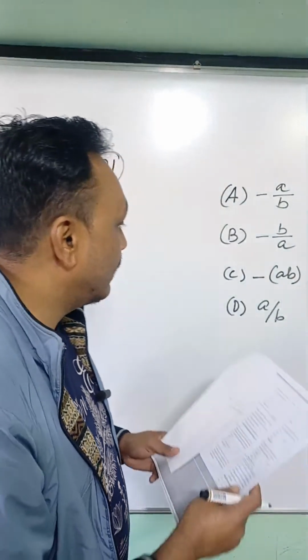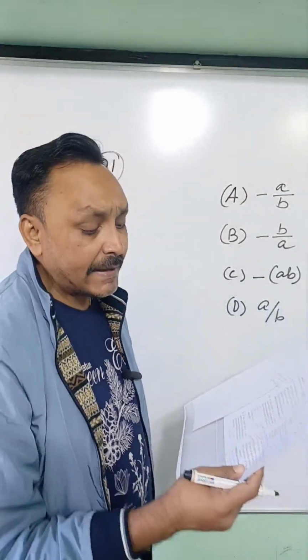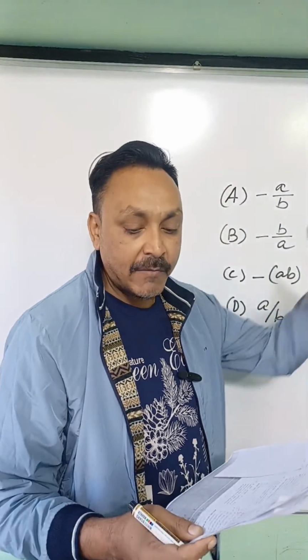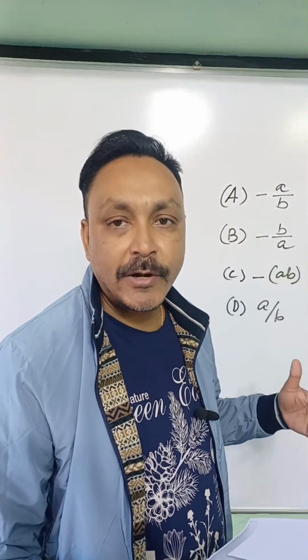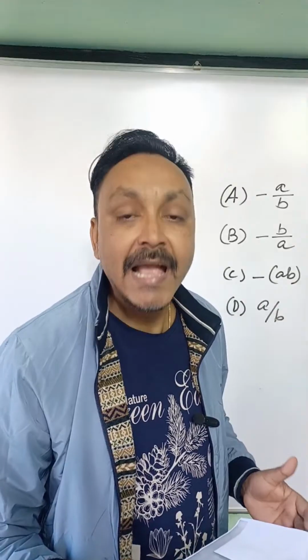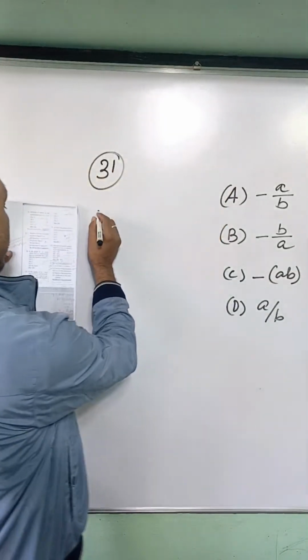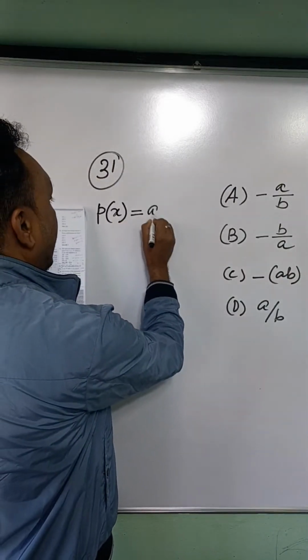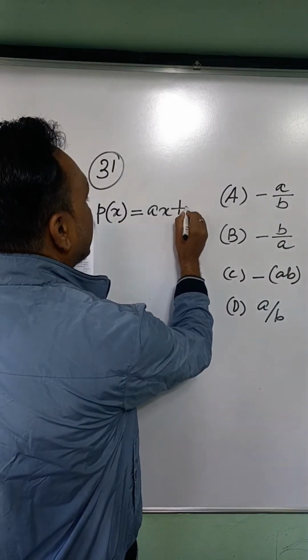So okay, no problem. I'm repeating the question. The zero of the linear polynomial. As you know, in my previous videos I have already explained what we mean by a linear polynomial: a polynomial whose degree is 1 is known as a linear polynomial. So one linear polynomial is given, p(x) = ax + b.